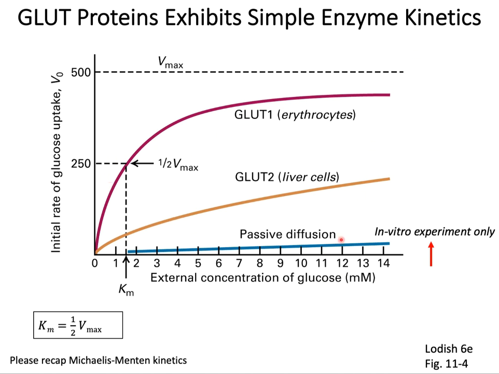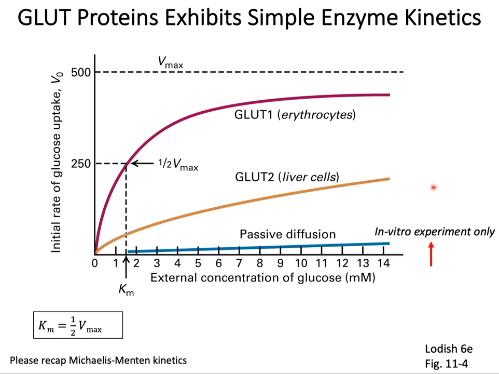Let's take a look at what distinguishes a uniporter from simple diffusion. Number one, the rate of substrate movement by uniporters is far higher than simple diffusion through the phospholipid bilayer. Number two, the transported molecule's partition coefficient K is irrelevant because the molecule never enters the hydrophobic phospholipid bilayer.